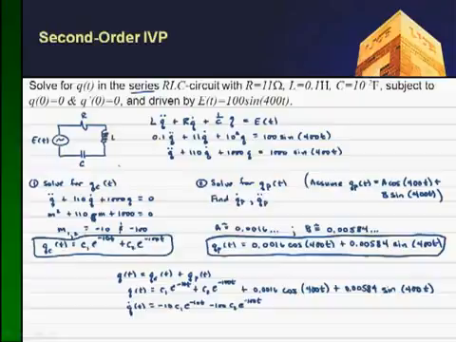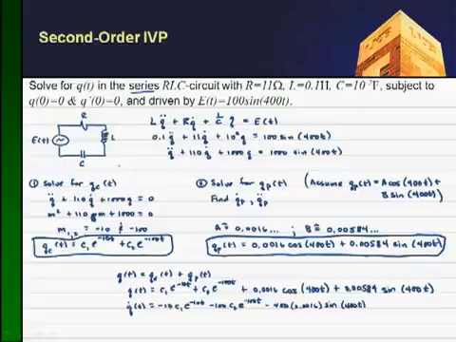If I take the derivative of cosine, it turns into minus sine, and using the chain rule a 400 comes out, so I get minus 400 times 0.0016 sine of 400t.